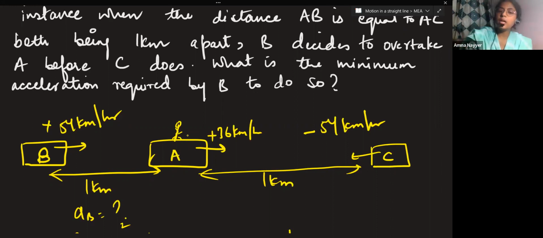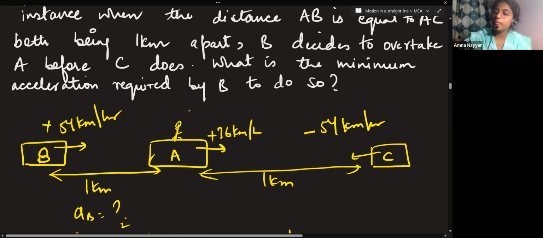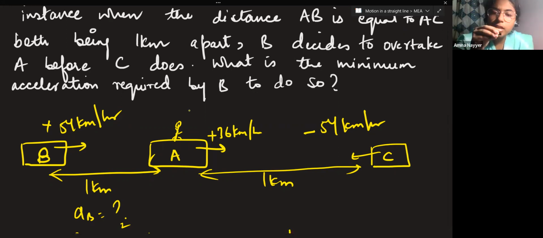So if we put our observer in car A, what will happen? Everything that is moving in car A will be at rest. Even another passenger sitting in car A, for the observer, the passenger will appear at rest because we have placed our observer in A.